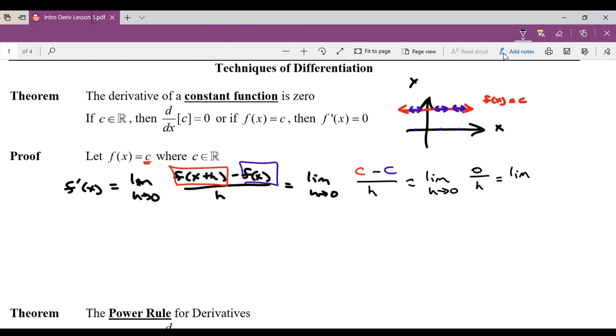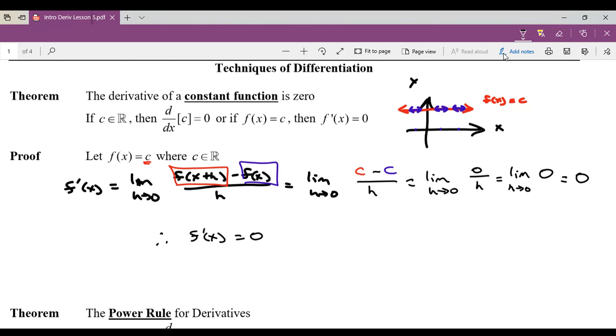Well, as long as h isn't 0, which it's not, it's going to zero, then 0 divided by h is going to equal 0. 0 divided by any real number other than 0 is going to be 0. So I can simplify this as the limit of 0 as h goes to 0. And then what do you know about the limit of a constant? It's the constant itself. So that is the proof that f prime of x would be 0 here.